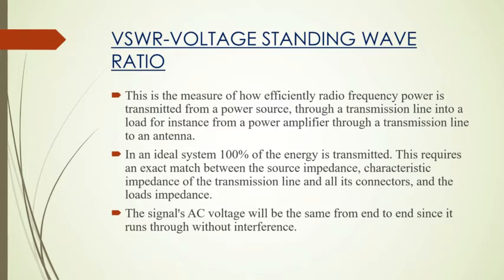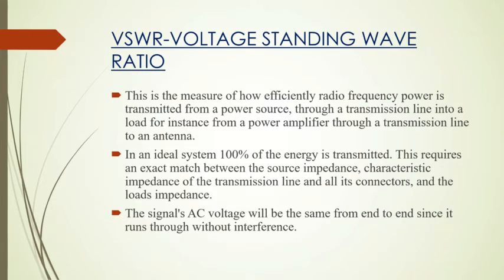So an ideal system has 100% efficiency, and the energy is transmitted as it is sourced. The way it enters is the way it gets to the other side. This requires an exact match between the source impedance, the characteristic impedance of the transmission line, and all its connectors.